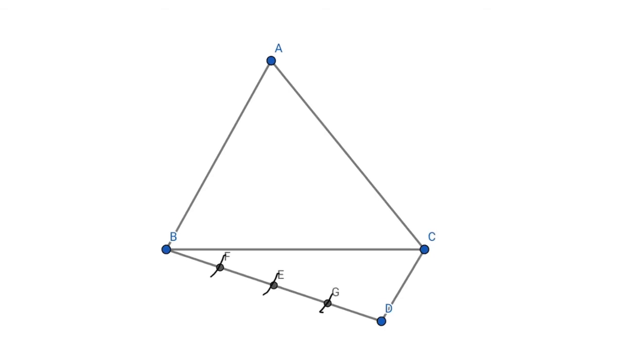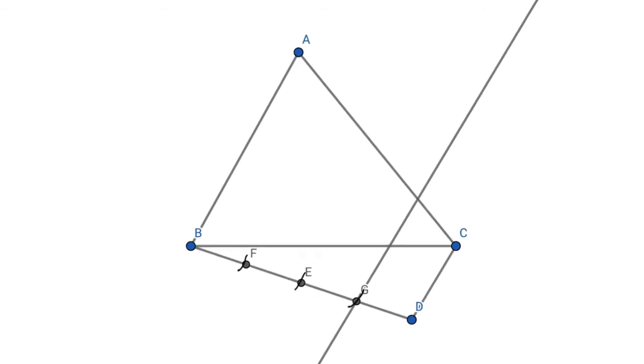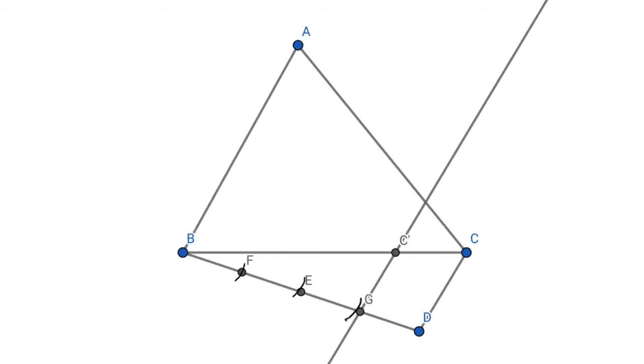So we are going to draw 4 equal arcs from B. Now we are going to draw a line parallel to DC at point G, as G is 3/4 part of line BD, and this intersects the line BC, and let's name that point as C dash.